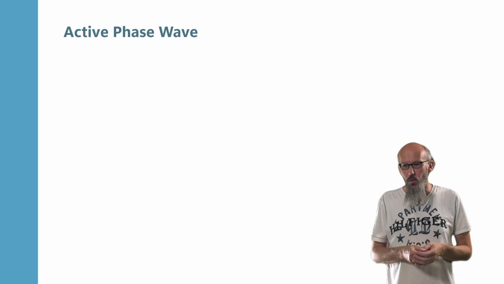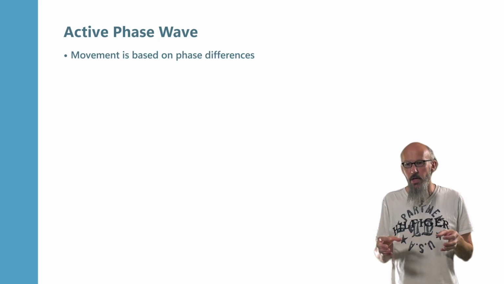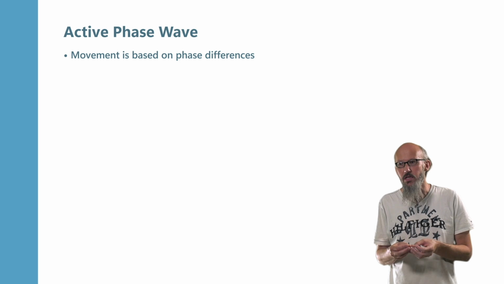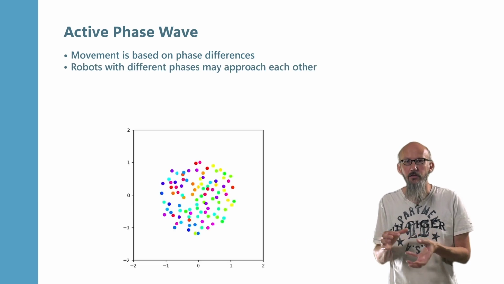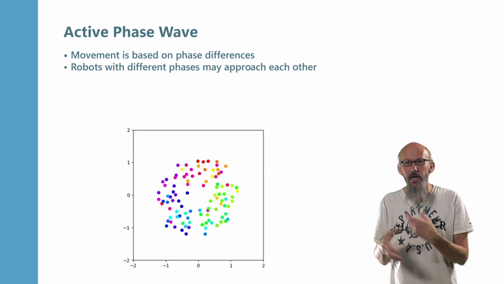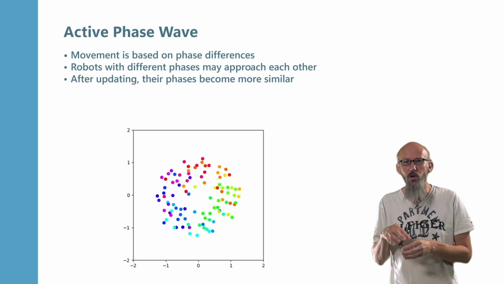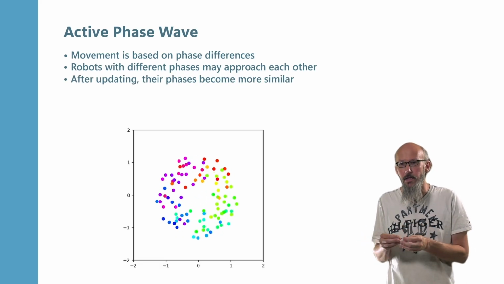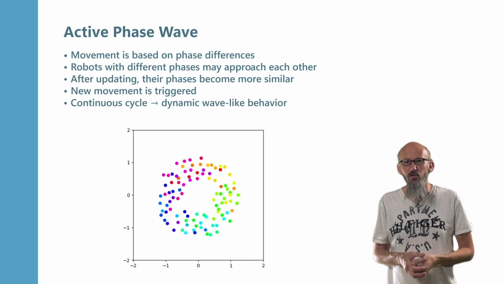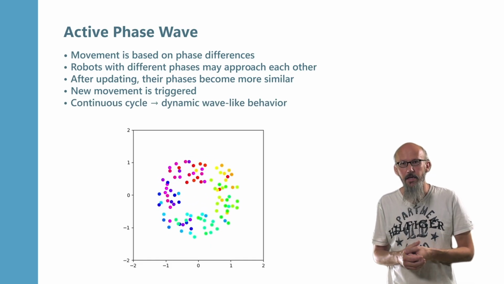There, the robots move in a certain way because of the phase. This movement brings maybe 2 robots together that have phases that are very different. Then the phase is updated, so they become more and more similar. And again, this triggers some movement, and this is a cycle that goes on, and so the movement never stops. That's why it's called an active state.